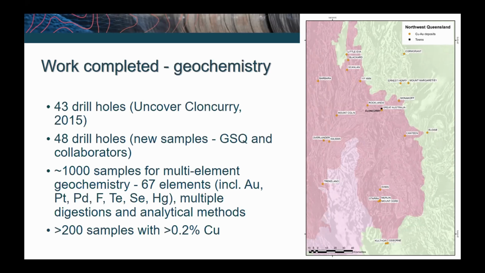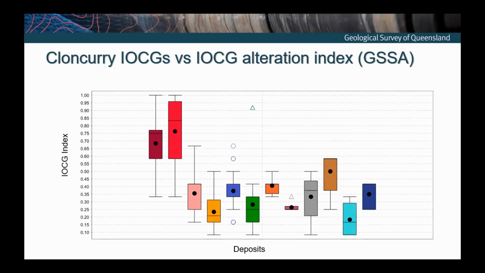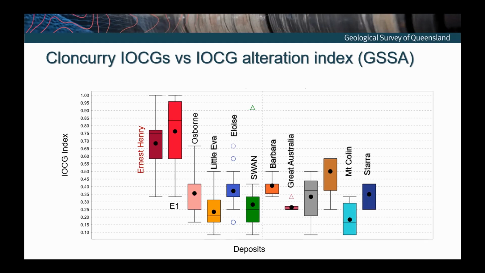So let's see what we found in geochemistry so far. A very easy exercise: a beautiful, simple-to-use IOCG alteration index done by good people from South Australia. Let's have a look at how Cloncurry IOCG deposits stack up on this IOCG alteration index for the Gawler Craton. And it doesn't look too great. Mind you, these samples are all mineralized, 0.2% copper or more.